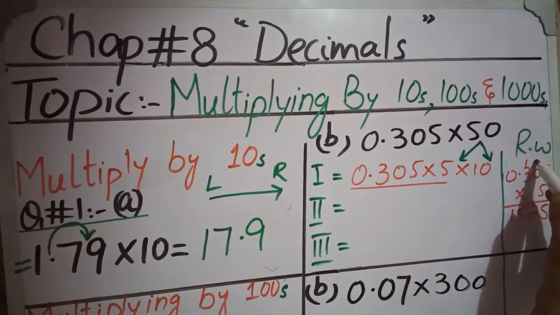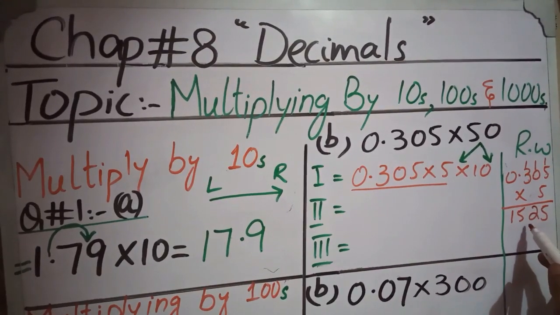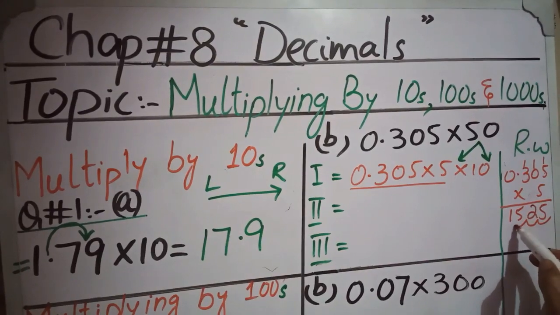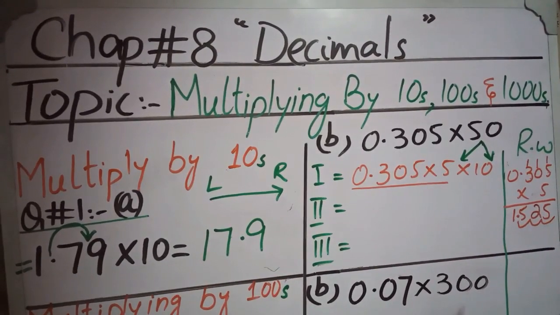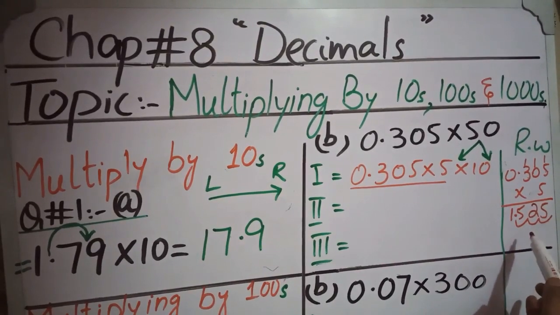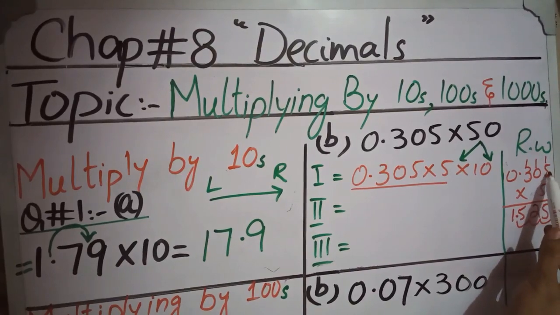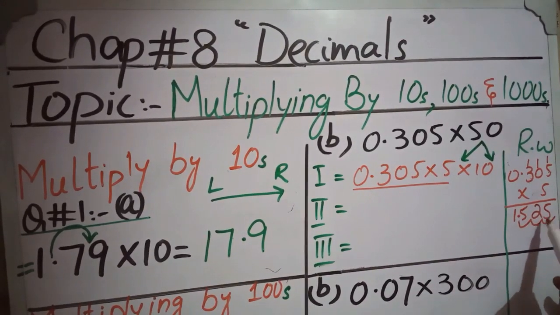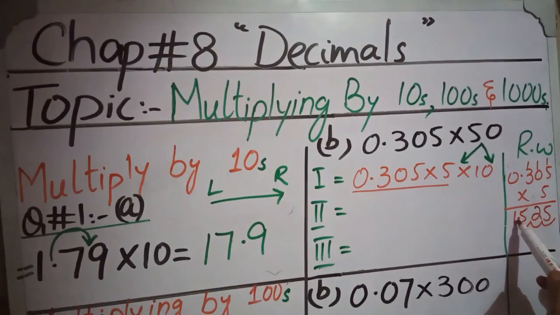DP number 1, DP 2, DP 3. That's why we put the decimal point after 3 digits, counting the DPs: 1, 2, 3. As you know, here are 3 DPs, so I put the decimal point after 3 digits.